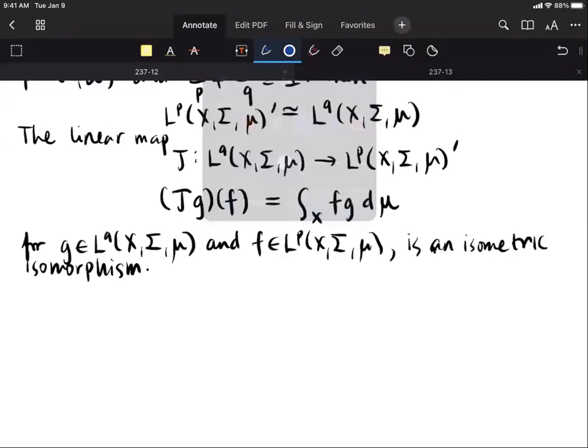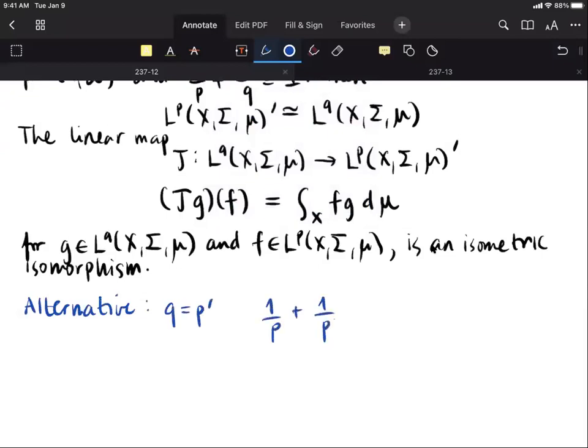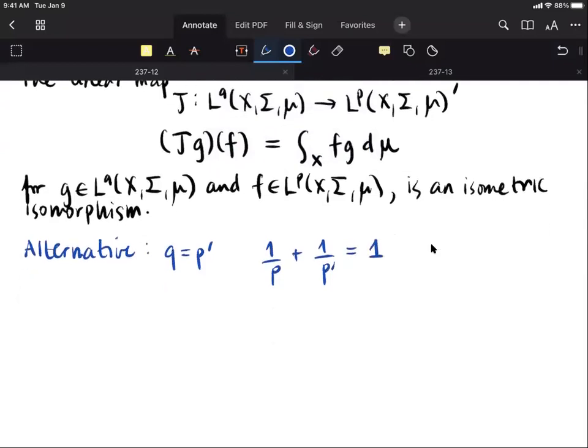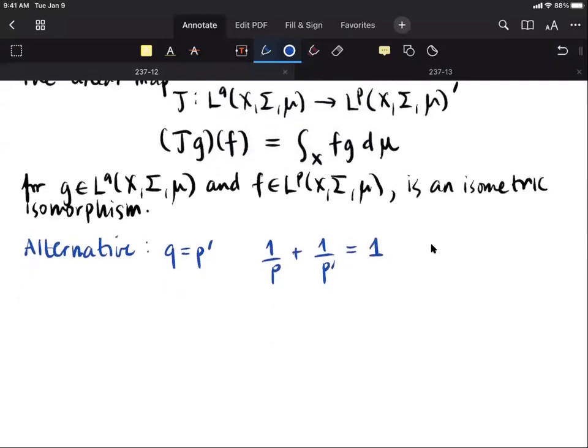Alternatively, if you denote by a prime the dual, if we set Q to be P prime, so that P prime is the dual of P, then you can write the previous theorem as follows. The dual of LP is isometrically isomorphic to LP prime.